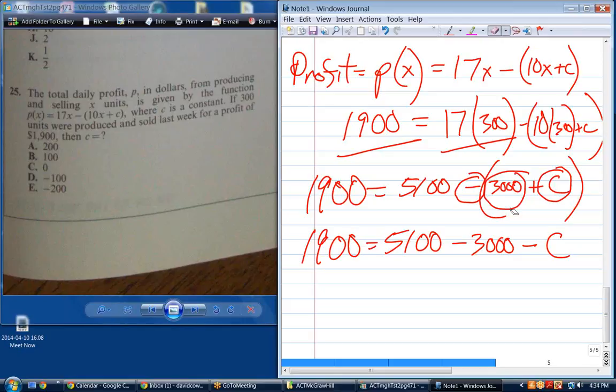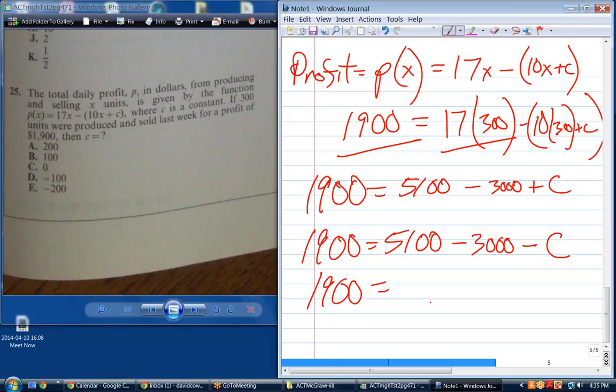It has to be distributed to every term inside the parentheses. That's a huge aspect of the ACT test, because you're going to get a lot of questions where they have a minus sign in front of parentheses with multiple terms in it. Since the first step is to remove the parentheses, we have to make sure we don't get the sign wrong. So let's simplify further.